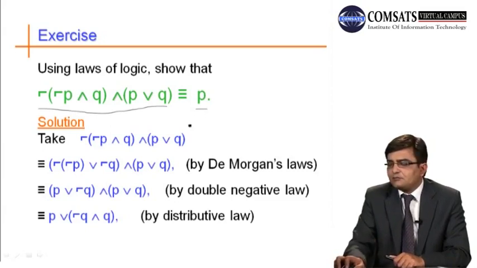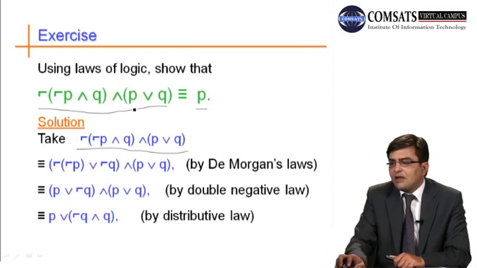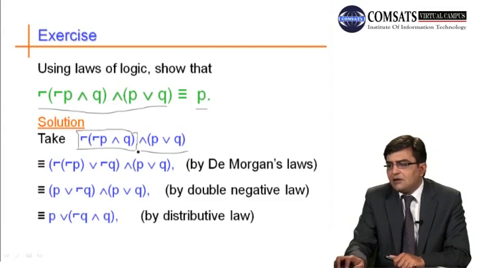For example, if we take the left hand side of the above equivalence, we can apply the negation here. As we have a conjunction, we can apply De Morgan's law.